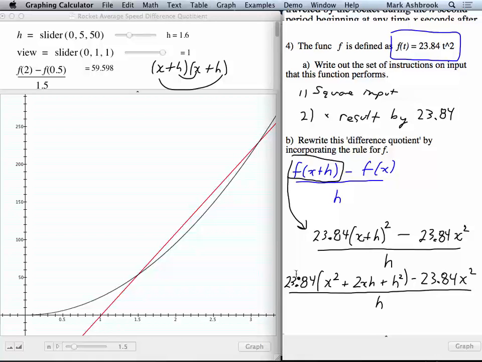Okay, so now all we're going to do is just distribute the 23.84. And I think we get, is it 47.68? How did I do?